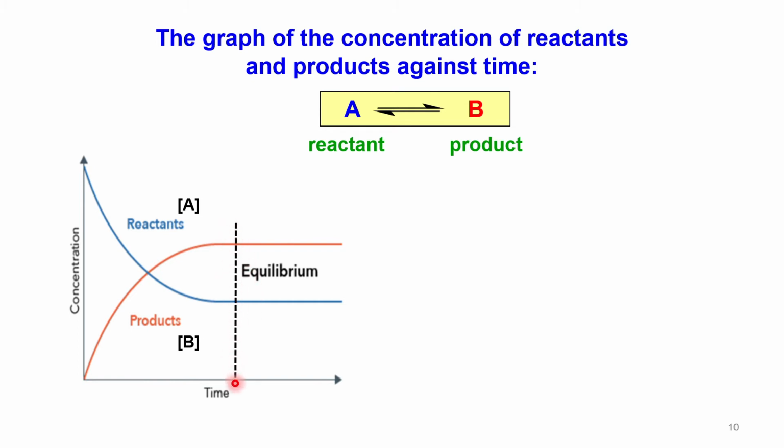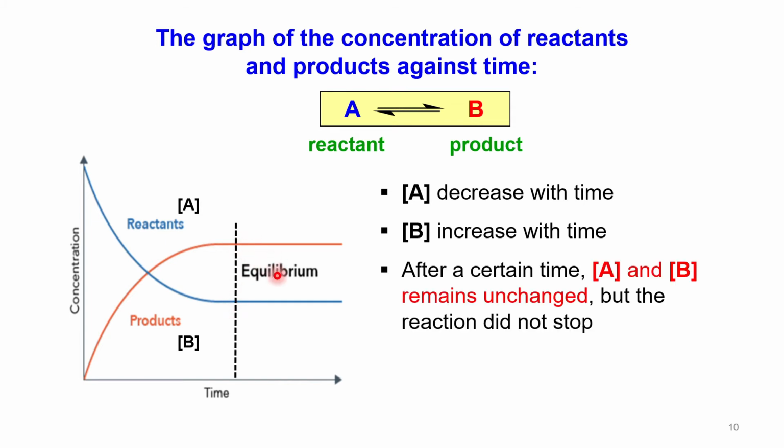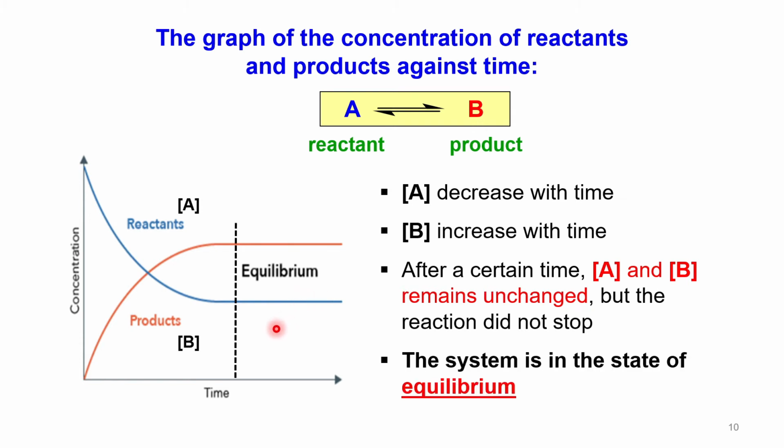This certain time refers to this dotted line, where we see the line has become flat. At this condition we say the concentration remains unchanged. At this condition we say that the equilibrium is reached.